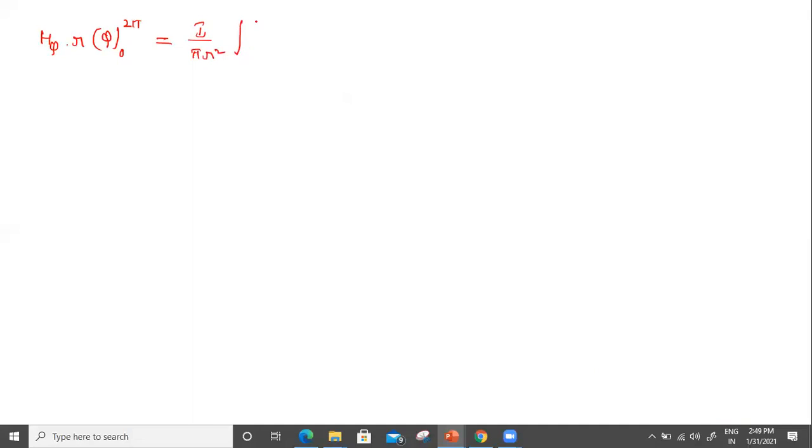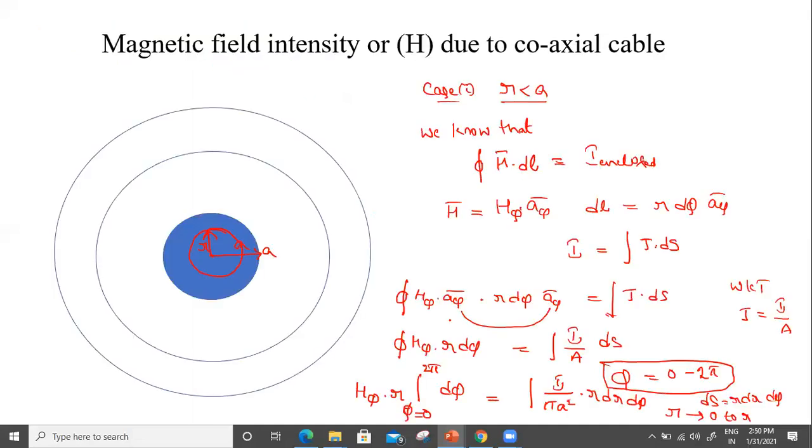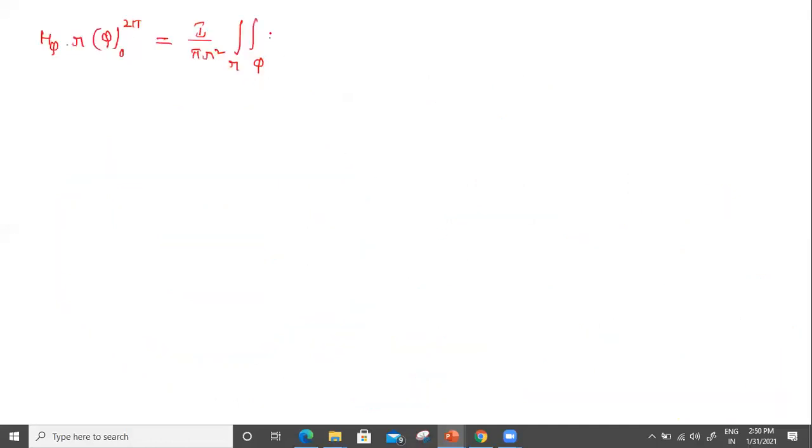Surface integral means two integrals, one is integral of r, one is integral of phi. It may be written as r dr d phi. Now if you simplify this, H phi into r into, first substitute the upper limit minus lower limit, 2 pi minus 0, equals I by pi a square.